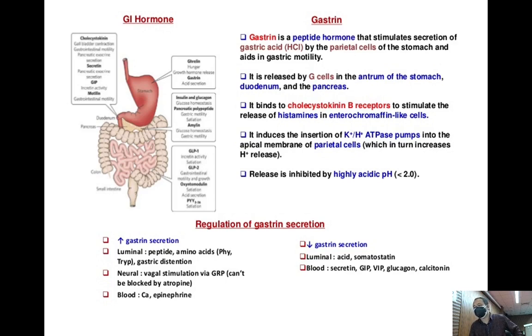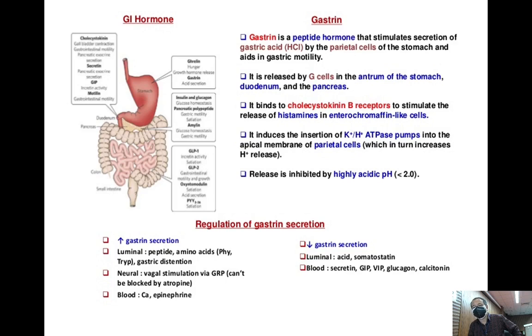So what are the regulating factors of gastrin secretion? One factor increases the secretion, and another decreases it. Those increasing gastrin secretion are peptides themselves: protein that is broken down into peptides, and the amino acids themselves, phenylalanine and tryptophan.